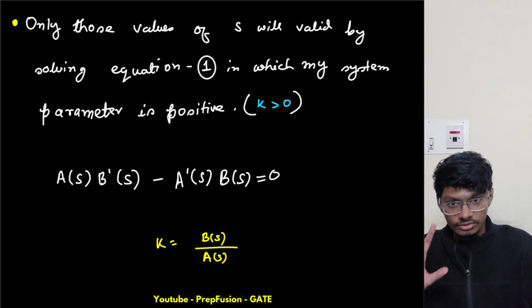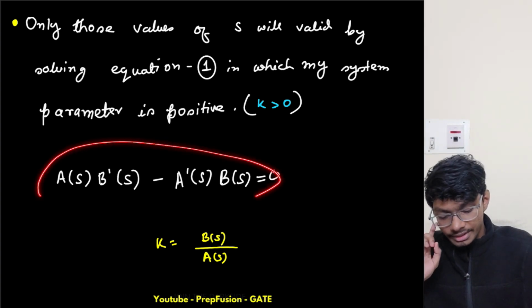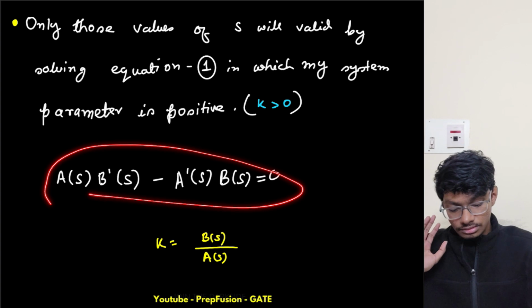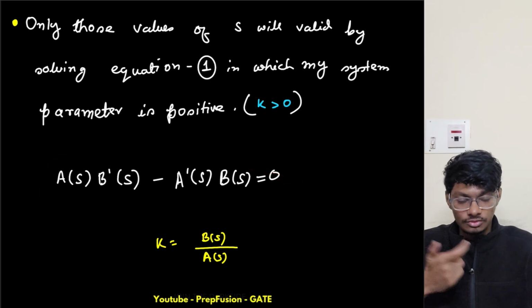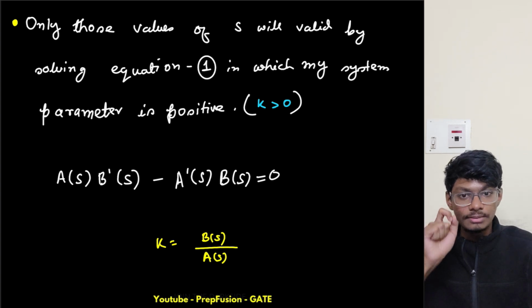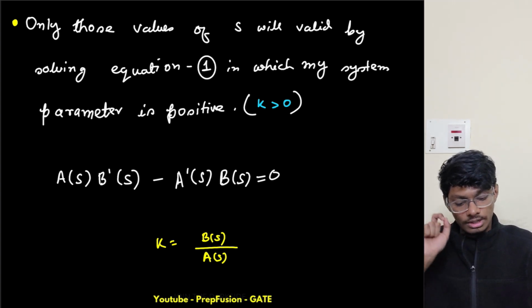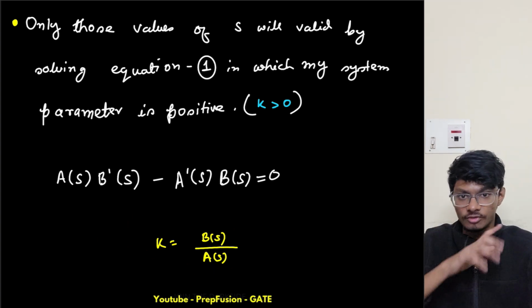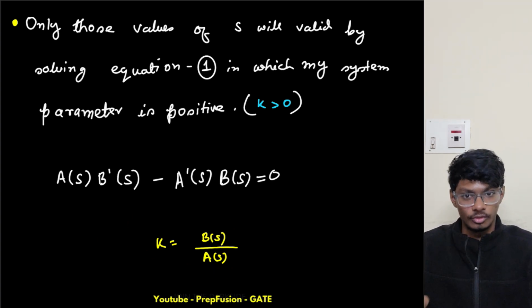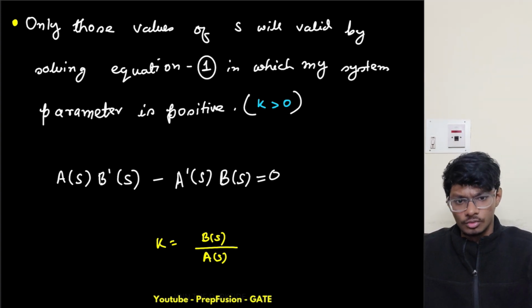The roots of this equation will be my potential breakaway or break-in points. Now out of those points, if my k value is not positive, obviously it won't be a valid breakaway or break-in point. This we have also established in the normal root locus.